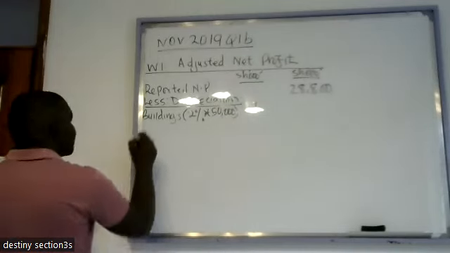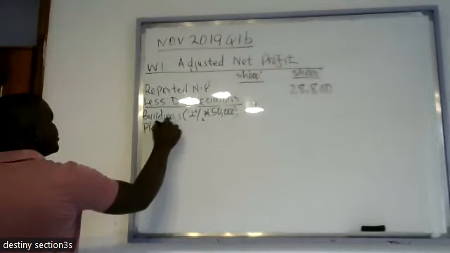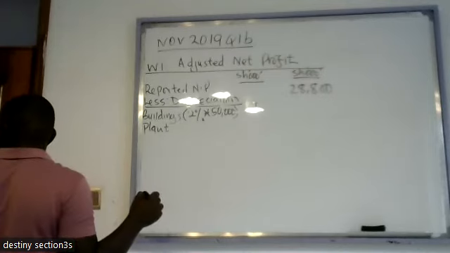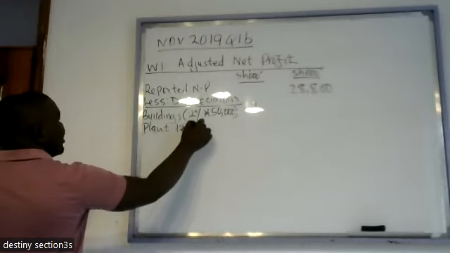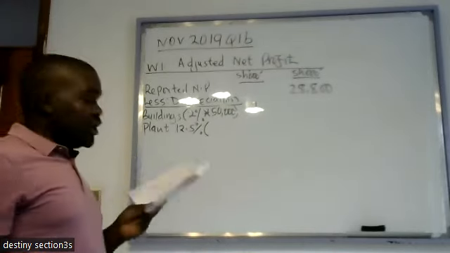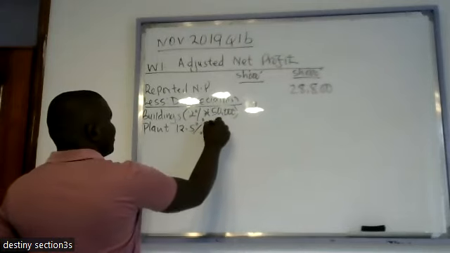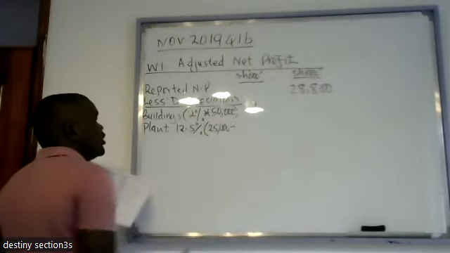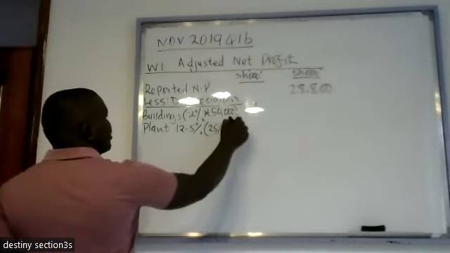Then also they want us to depreciate plant and equipment. So plant, they said 12.5% reducing. Reducing means on net book value. So you will take the cost of plant, which is 25, then you subtract depreciation, which is appearing in the trial balance, 13.